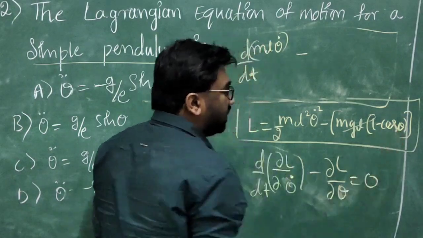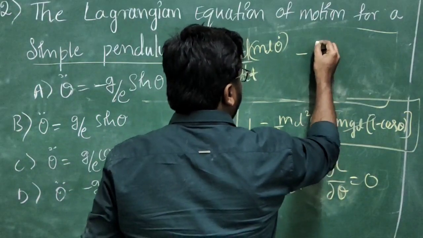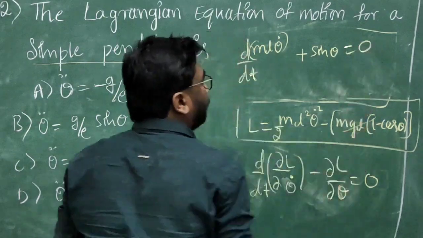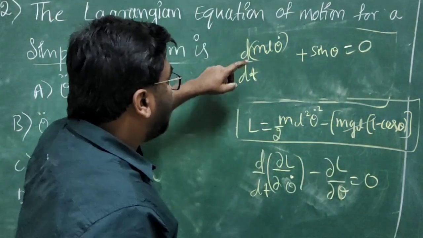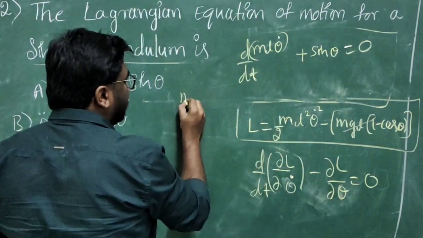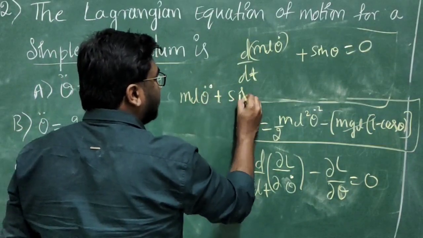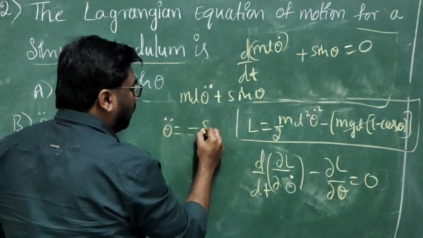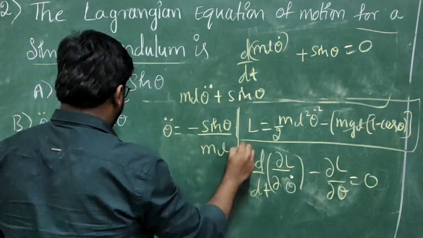In the mgL term, differentiating 1 minus cos theta, the differentiation of cos theta is nothing but minus sin theta, so with the minus signs it will be plus sin theta, which is equal to 0. Then differentiate again with respect to t, so you will get m L square theta double dot plus mgL sin theta equals 0.